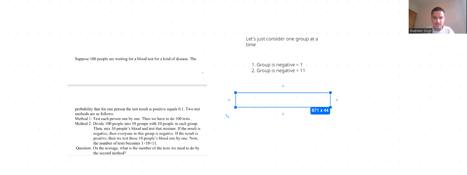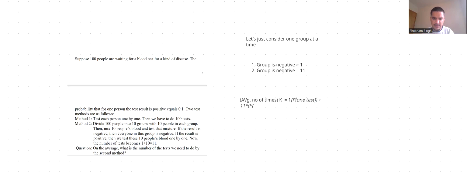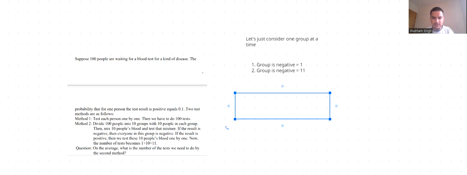Does that make sense? If K is the average number of times we need to do a test, then K is the probability of one test times 1 plus the probability of 11 tests times 11.